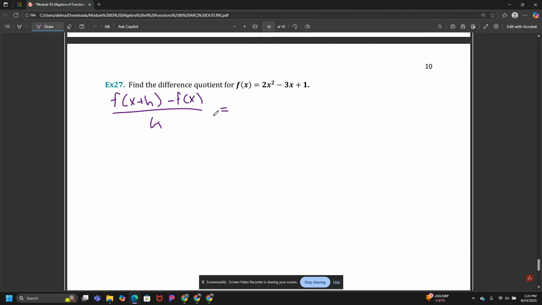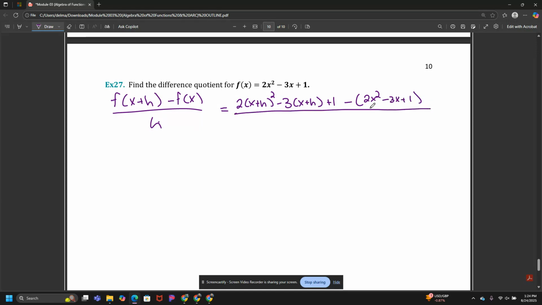Okay, so we're going to write that in. So it's going to be 2 times x plus h squared, because anywhere we see x, we're replacing it with x plus h, minus 3 times x plus h plus 1, and then we're going to subtract just the function without plugging anything in.